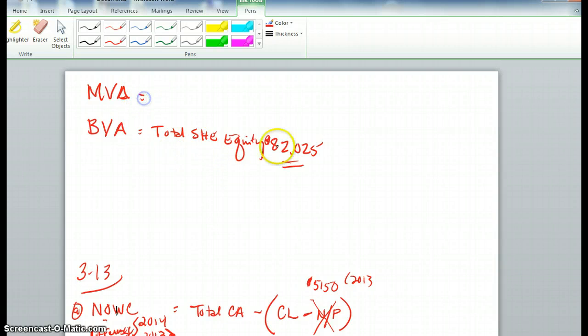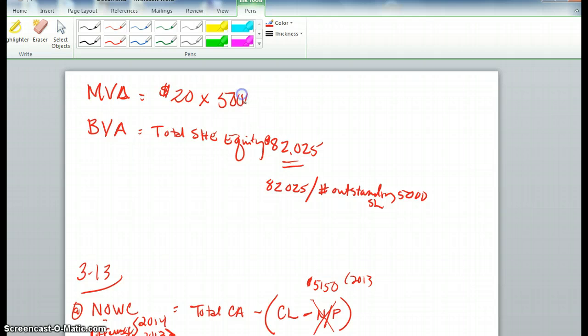That's the book value of the company. And if we wanted the book value per share, we would take the total stockholders' equity and divide it by the number of outstanding shares, which in this case is 5,000. But since they want it for the whole company, not just per share, to calculate the market value added, you will take the market value per share and multiply that times the number of shares.